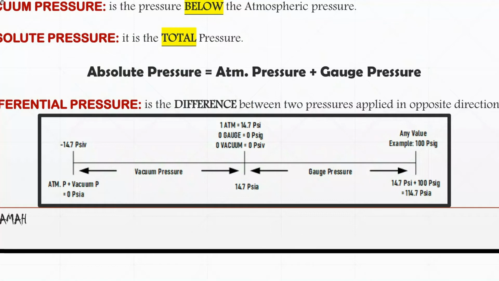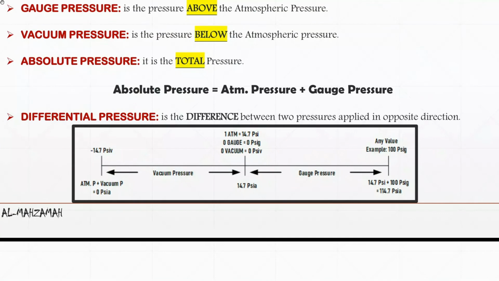It says that I'm only measuring the gauge pressure. Now if you read psia, it means psi absolute. So it means that this is the total pressure. Sometimes, which is rarely, okay, you can see psiv, which is related to the vacuum.